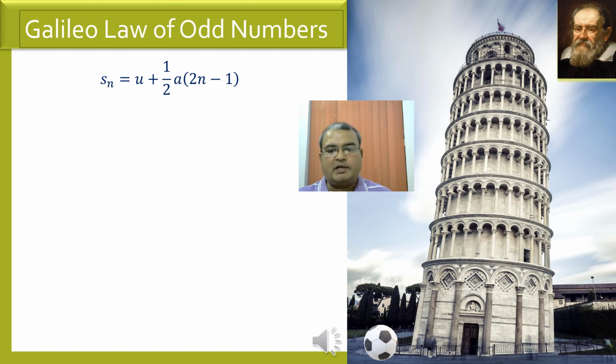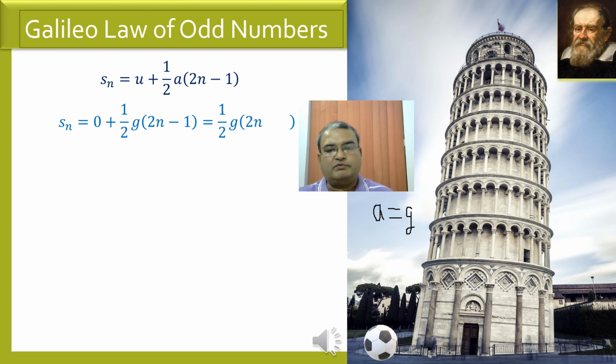Here the acceleration a is nothing but g. Now we are going to substitute the values. Sn equal to 0 plus half g (2n minus 1). That's why the equation is reduced to half g within bracket 2n minus 1.